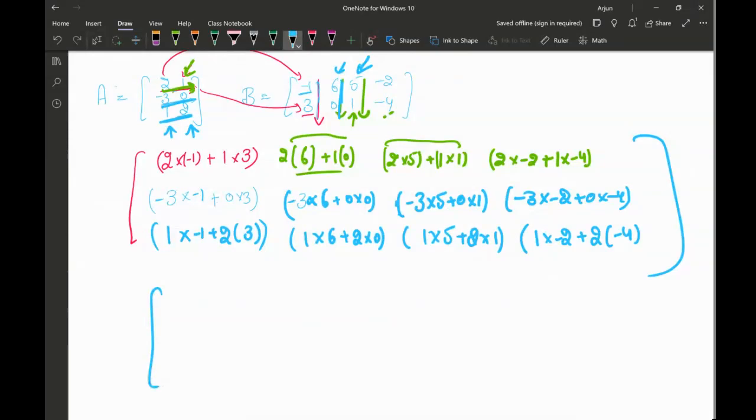And then we're going to get the final answer from here. So 2 times minus 1 is minus 2 plus 3, which is going to give me 1, and the second element will be 12 here, and this will be 11, and this will be minus 8.